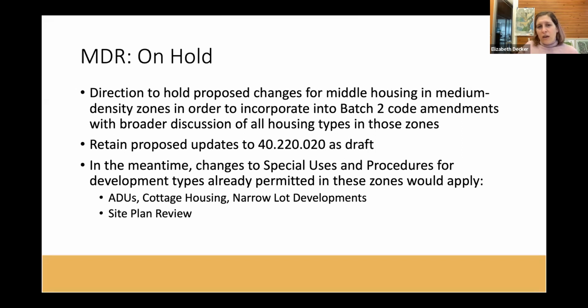Assuming these batch 1 code amendments go forward on the adoption schedule we're looking at, the changes to the special uses and procedures for some of these middle housing types that are already permitted in those medium density zones will move forward and will then be applicable in the medium density zones. But the permissions for those won't be expanded.